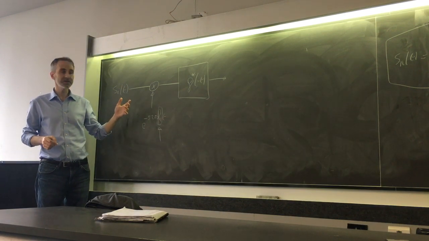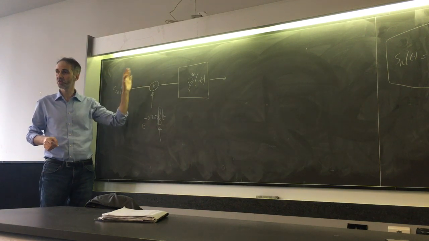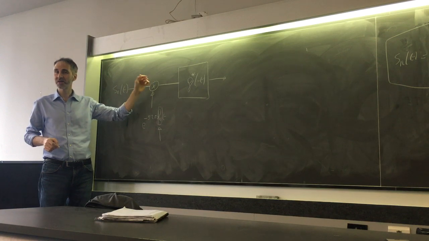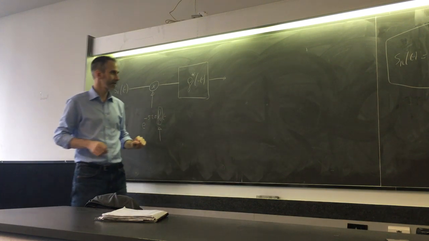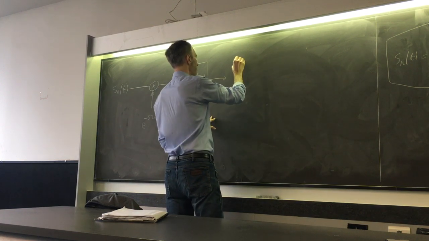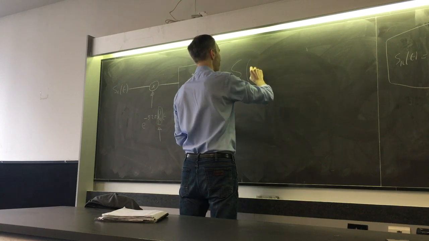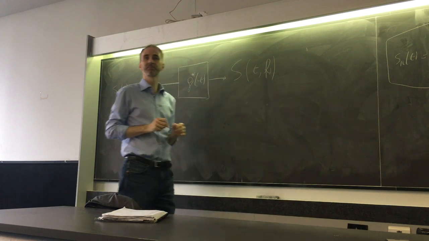And so instead of getting a single signal, which is a function of time, I will get a signal for each value of Fd. So what I want to produce here is a new signal, call it capital S, which will be a function of time and Doppler frequency.